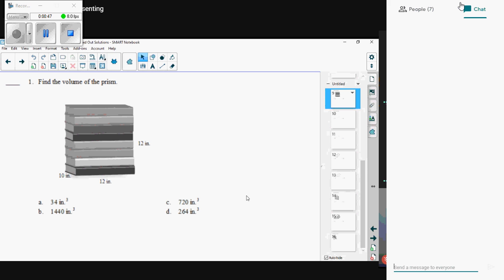We know that we find volume using the base area, and we multiply that base area times the height. One of the things that I tried to get the kids to understand yesterday is to see those two separate pieces: to see the base area and to see the height, and then you're just multiplying those two parts together. All right? So what problems gave you guys the most difficulty?